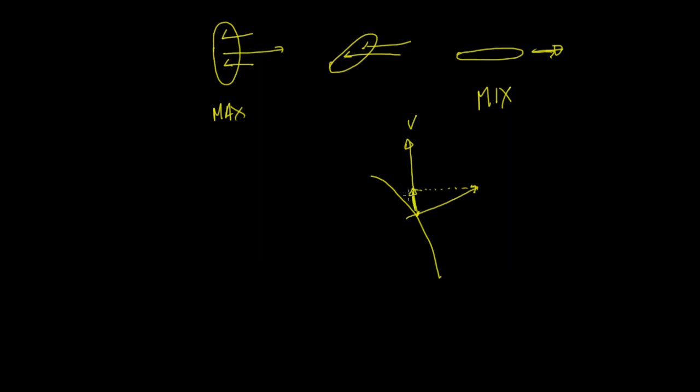Now if we were to go right to the very top of the bullet, then the normal would be sitting up here, and the normal would be in the same direction as the velocity. That's the same as what we have here. If it was opened up to the airflow completely, then the normal is in this direction and the velocity is in that direction.